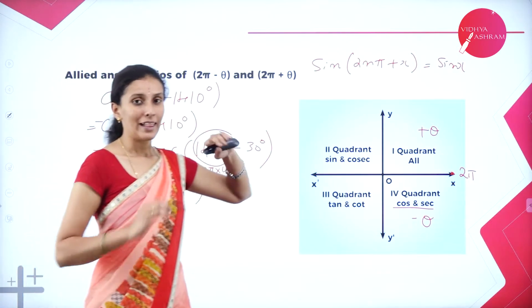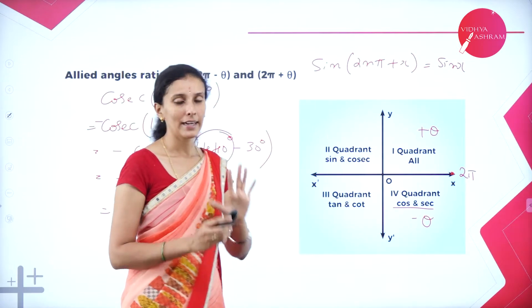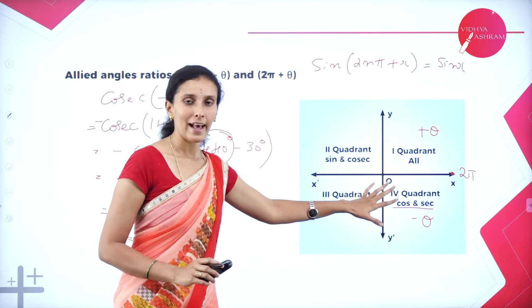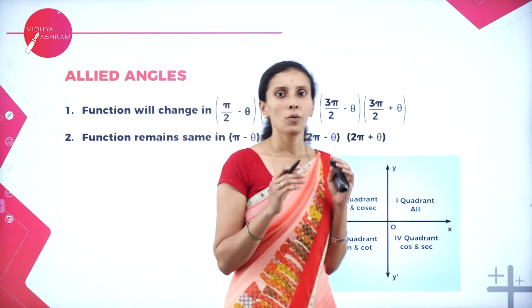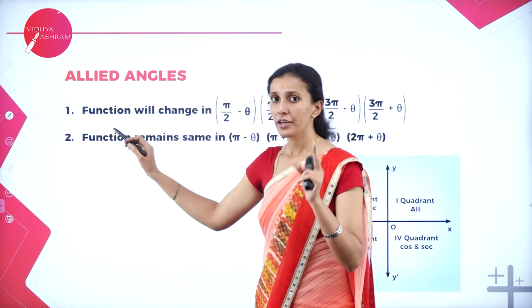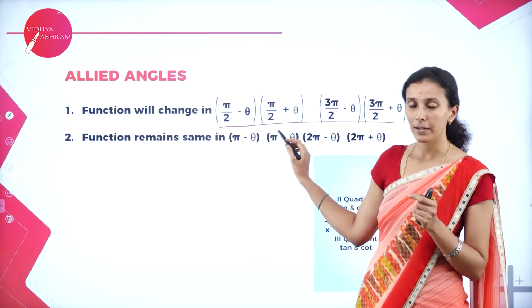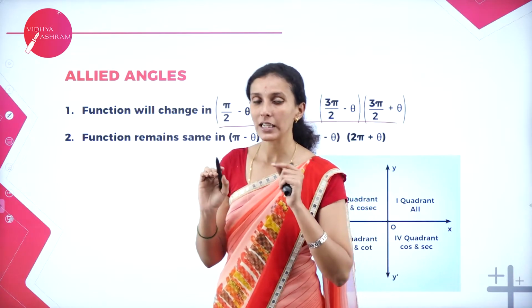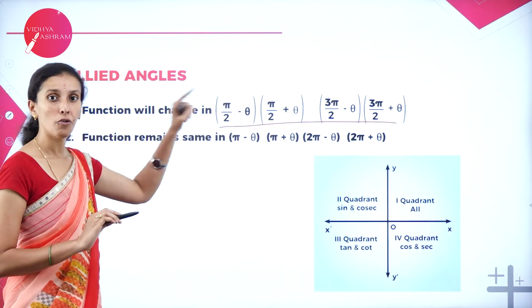There we have used the concept of quadrants, and the same concept of allied angles was used in our previous session to solve the same problem. So what you have to remember is, when you are dealing with pi by 2 minus theta, pi by 2 plus theta, 3 pi by 2 minus theta, 3 pi by 2 plus theta, the function changes to its co-function.